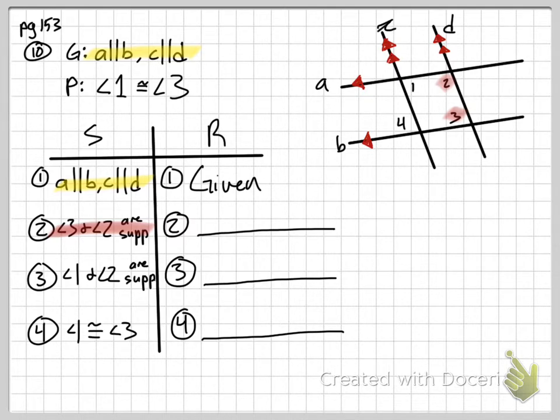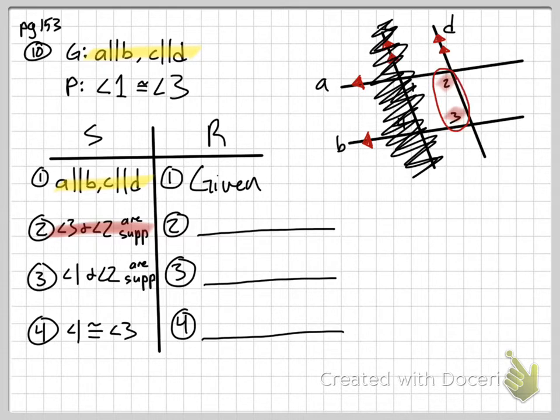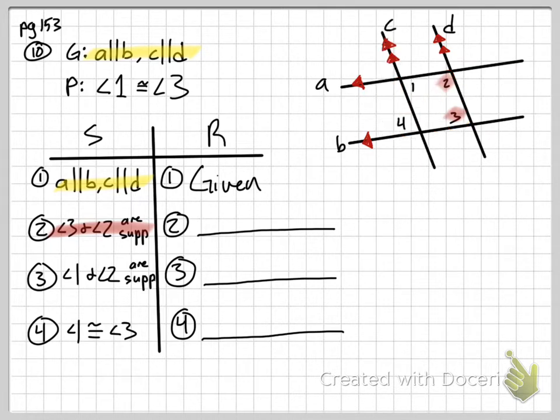If you look, we don't need line C for now, but we can see that these 2 are consecutive interior angles, which proves that they are supplementary. So this would be our consecutive interior angles theorem.